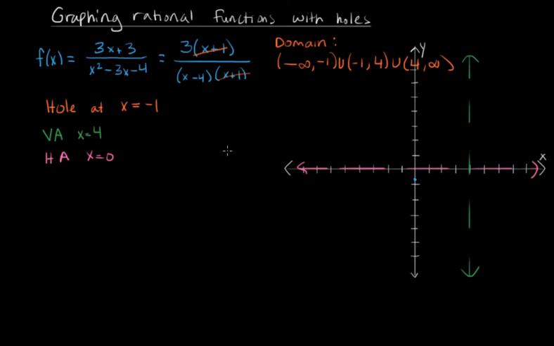Let's actually see what would happen at -1 so we know where to plot that hole. If -1 existed, it would be 3 over -5, so -3/5. So x equals -1, y would equal -3/5, which is somewhere around there.